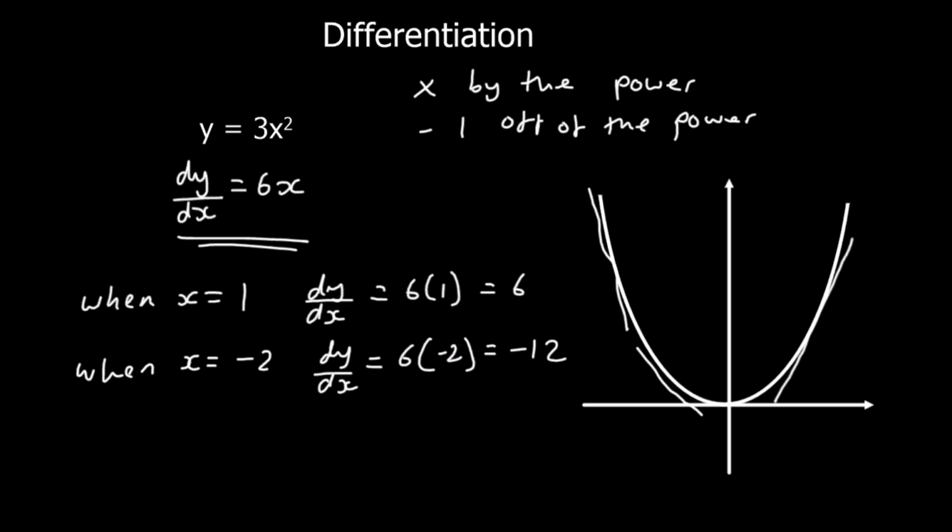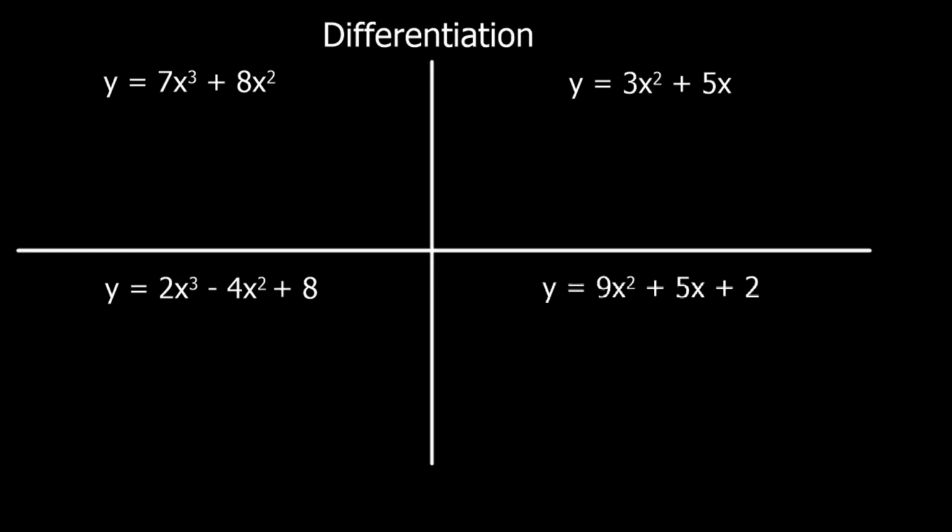So let's have a look at some examples. We've got 4 different curves here, and we're going to work out the gradient function. We're going to work out dy dx for each of these, and we're just following the process. We're going to times by the power and take 1 off the power. So times by the power, 3 7s are 21, and then taking 1 off the power, 3 minus 1 is 2.